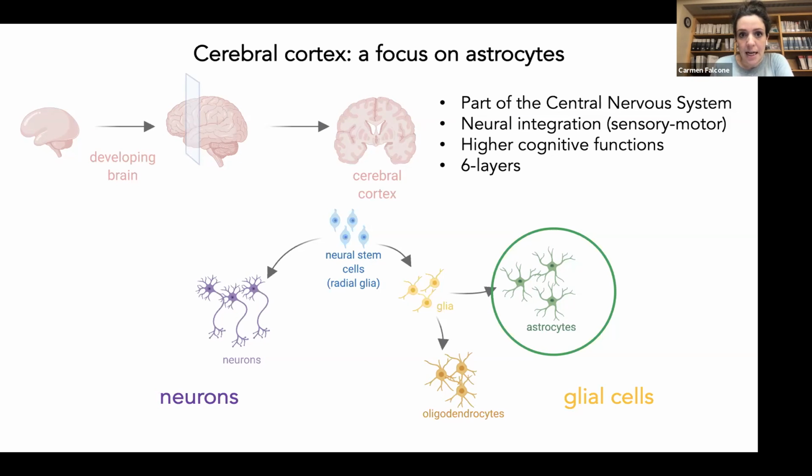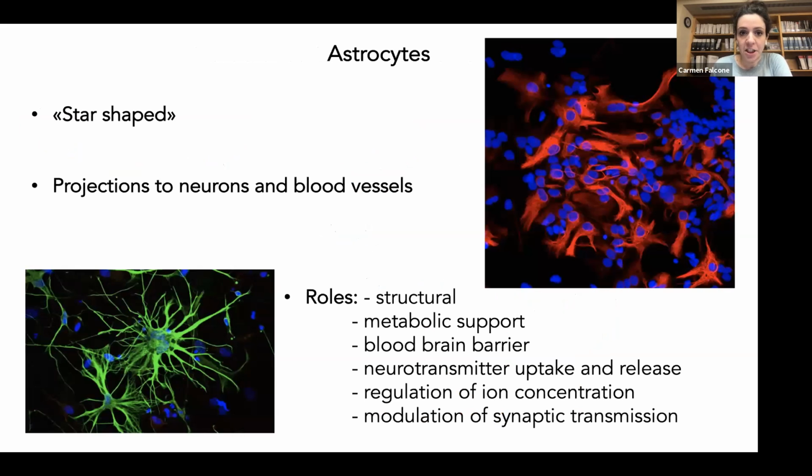So what are these astrocytes in general? They are star-shaped cells, and before they were thought to be only structural cells, sending projections to both neurons and blood vessels. People thought they had a mere structural role, but now we know that they have a huge variety of roles. They provide metabolic support to the other cells of the brain, and they collaborate with the blood-brain barrier.